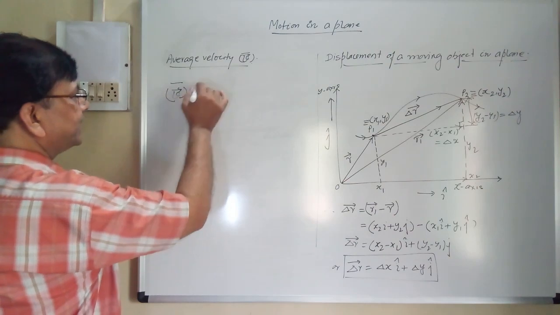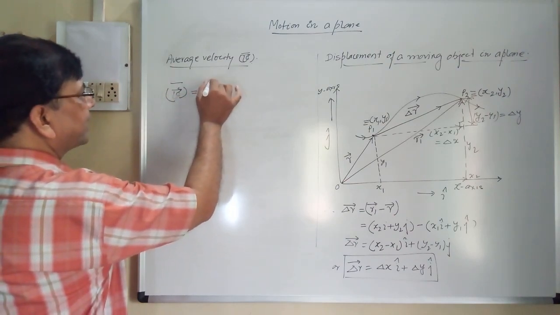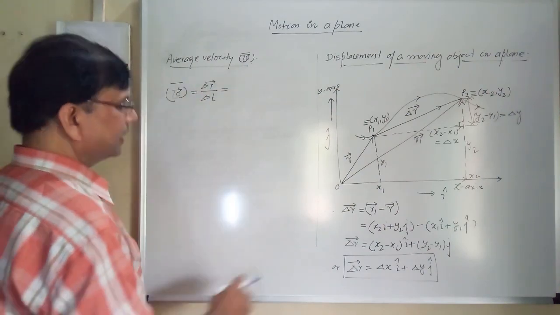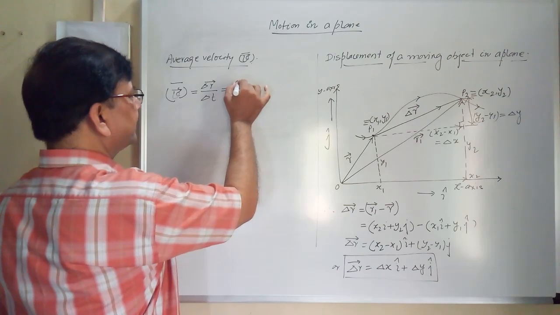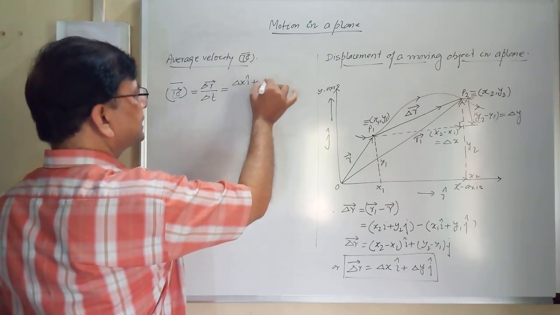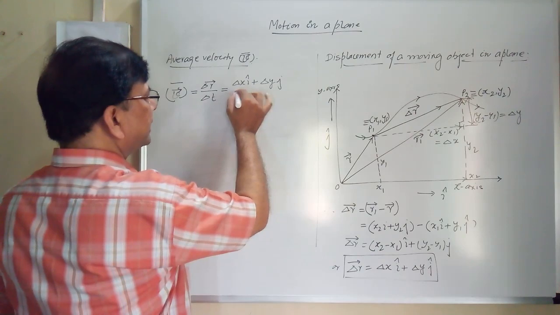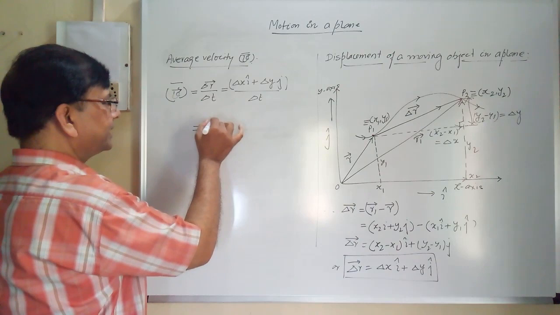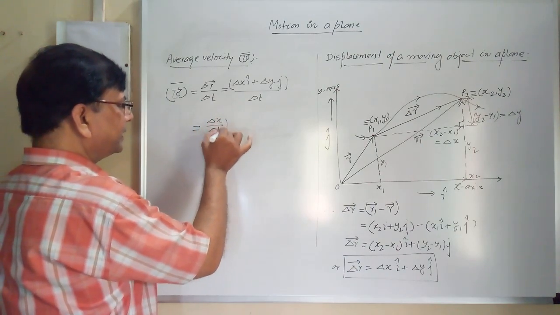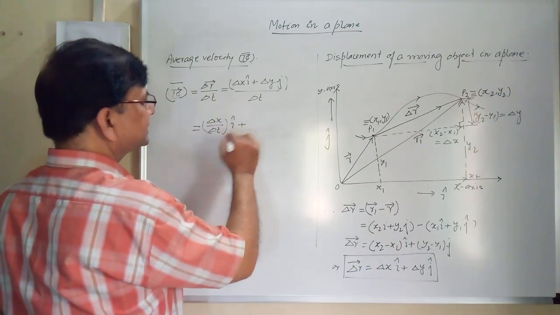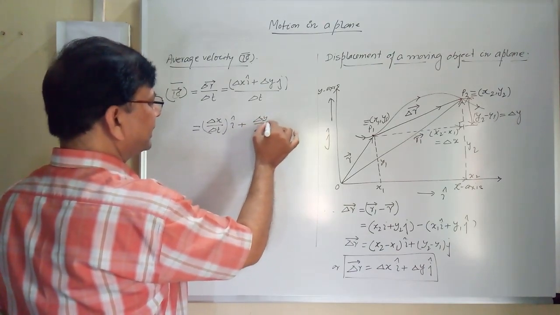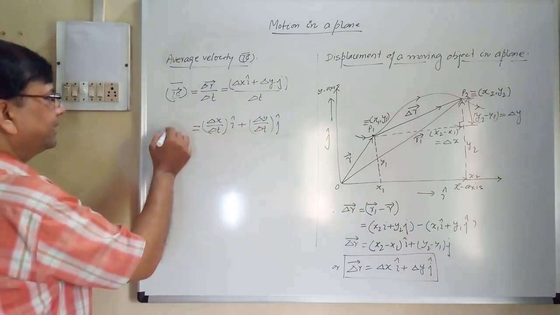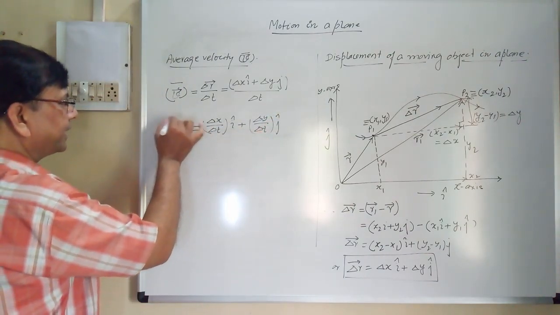That is, average velocity is delta r upon delta t. And what is this delta r? That is delta x i plus delta y j divided by delta t. Now we can separate this. So delta x upon delta t i plus delta y upon delta t j. So this is giving the average velocity.